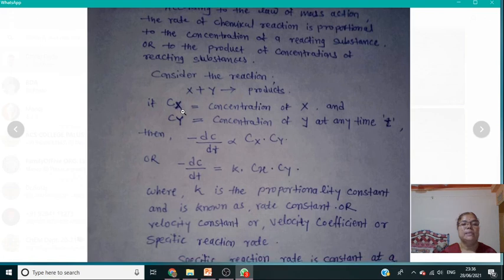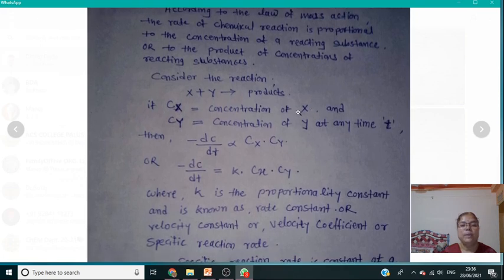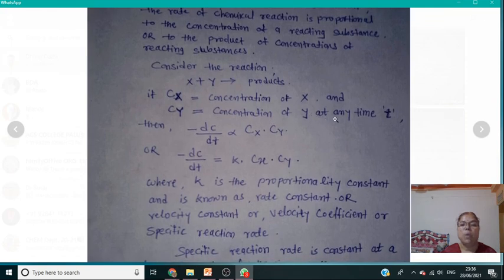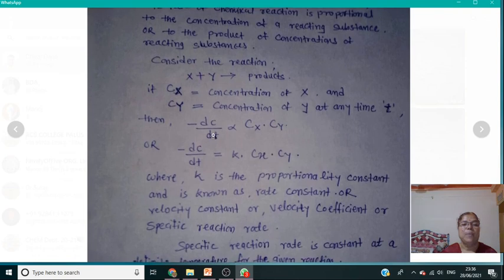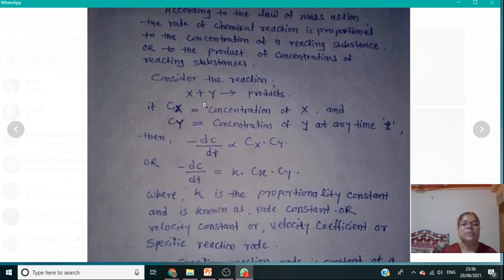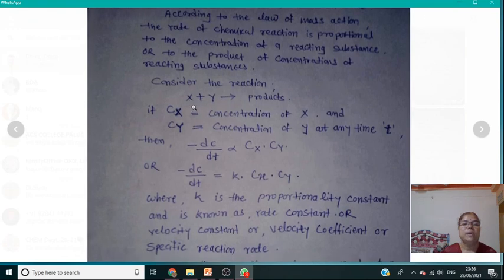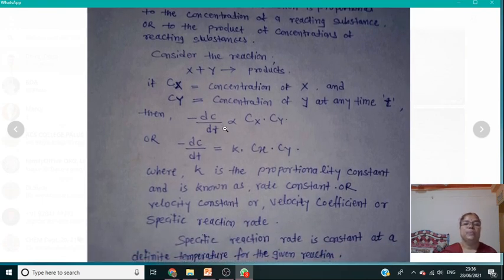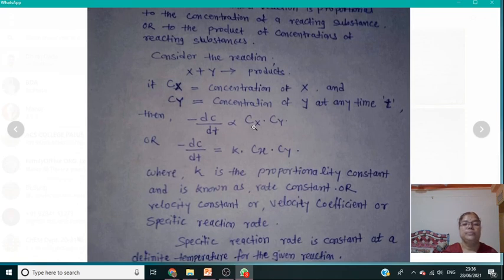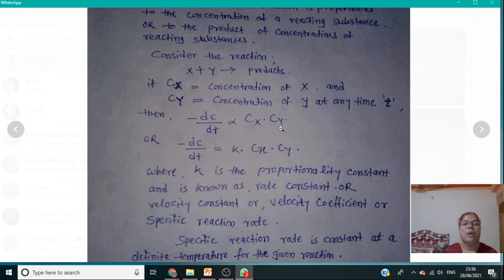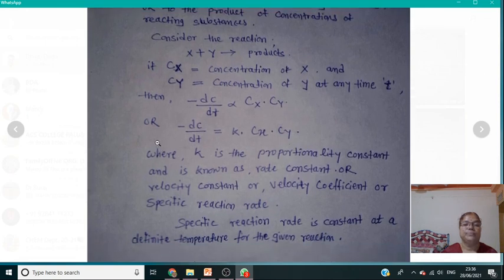If Cx is the concentration of X and Cy is the concentration of Y at any time t, then minus dC by dt is the rate of the reaction with respect to the concentration of reactants. We have written the negative sign, and it is proportional to the concentration of X into the concentration of Y.